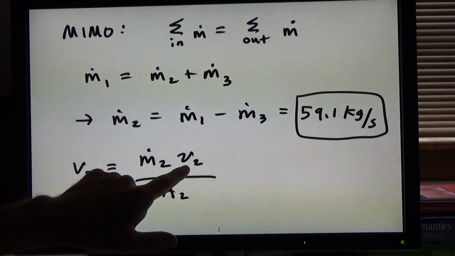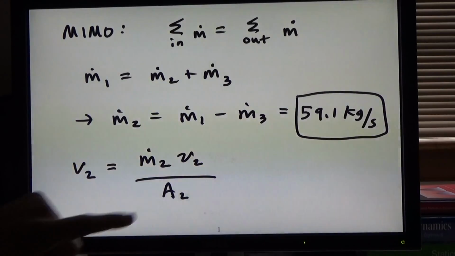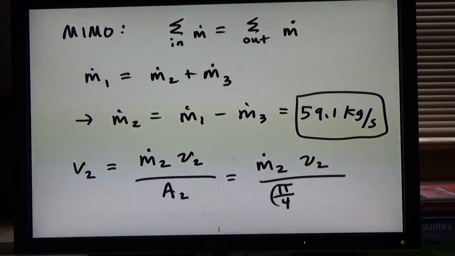We know specific volume 2 is the same as specific volume 1. We know mass flow rate 2, and we use our area equation to get area at exit 2. So we have here pi over 4 times d2 squared.